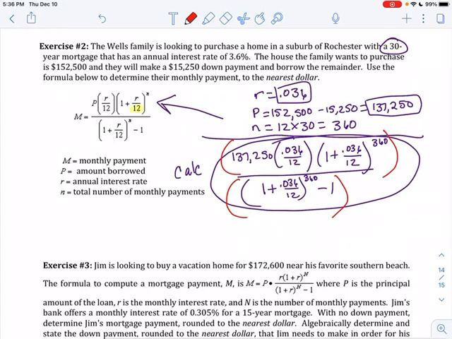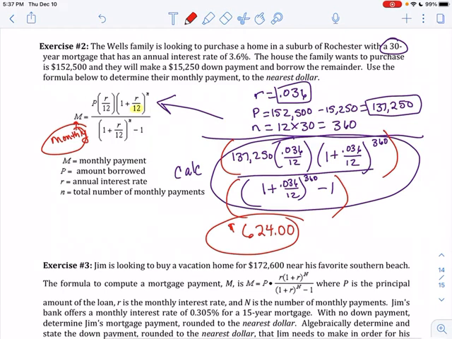Otherwise, you can do them separately and then divide. That would give you $624. So you're calculating the monthly payment, M is my monthly payment. That is a very complicated formula that the bank uses to determine your monthly payment.